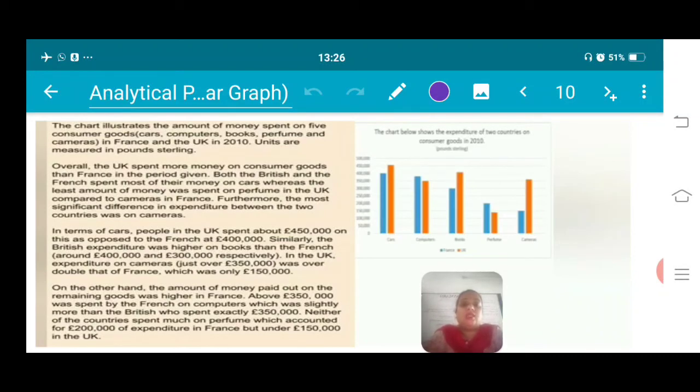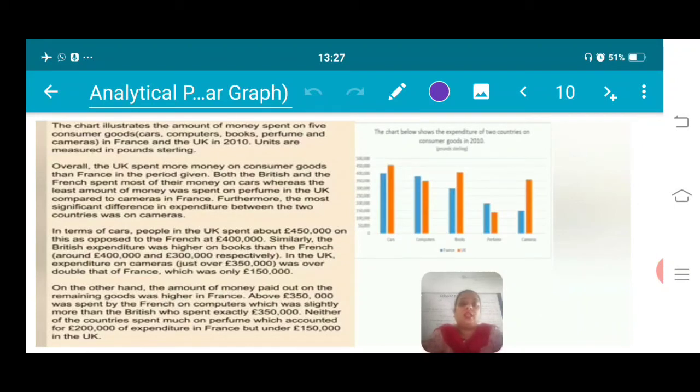So the chart illustrates the amount of money spent on 5 consumer goods, that is cars, computers, books, perfumes and cameras, in France and the UK in 2010. Units are measured in pounds sterling. Paragraph number 2. Overall, the UK spent more money on consumer goods than France in the period given.